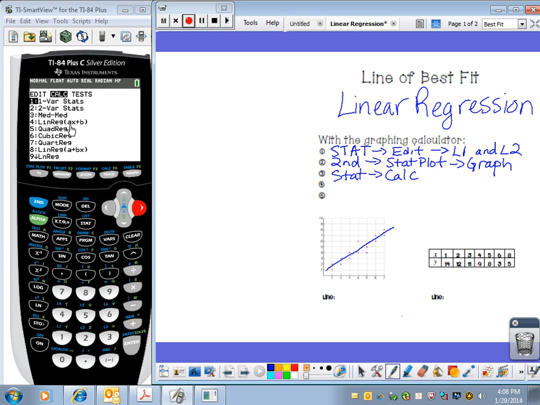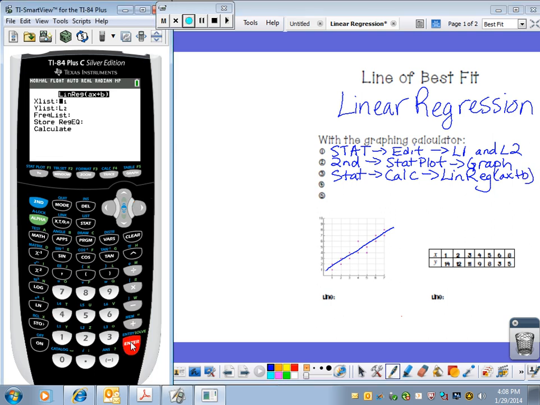That means it's going to be in the y equals mx plus b form. X is my L1, Y is my L2, frequency, and so on. So I hit enter, enter, enter, calculate.